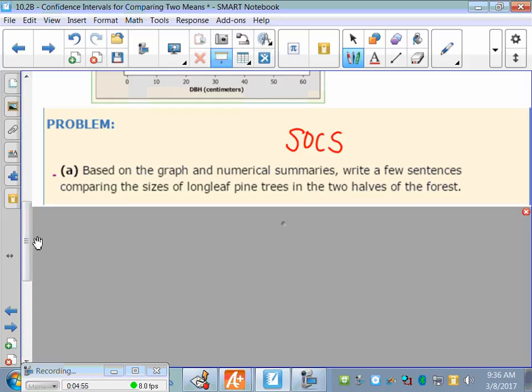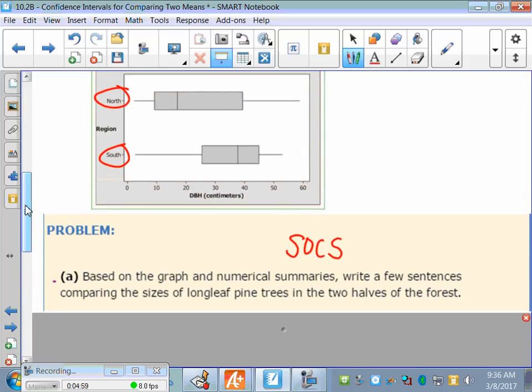All right, so shape. Raise your hand if you can tell me something comparing the shapes of the distributions. How about this guy right here? We've got a little extra space. That means it's skewed which way?